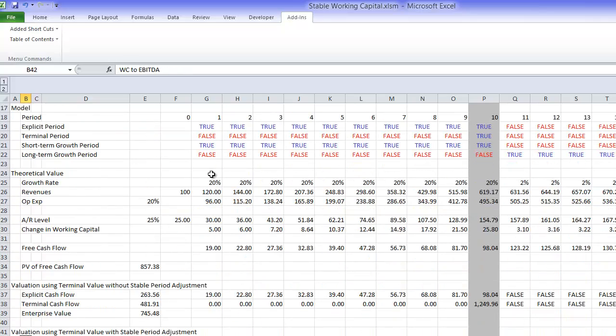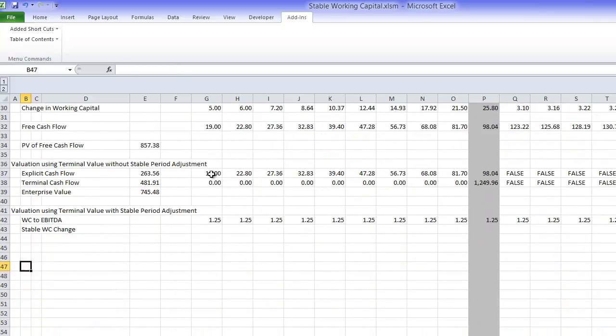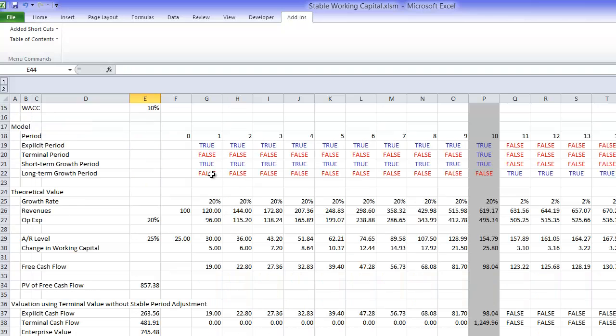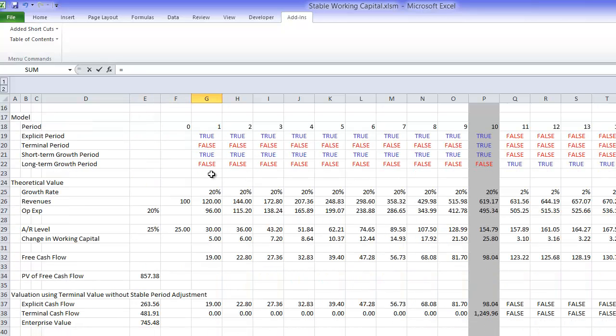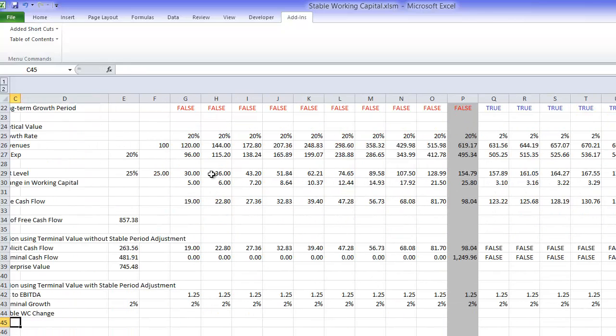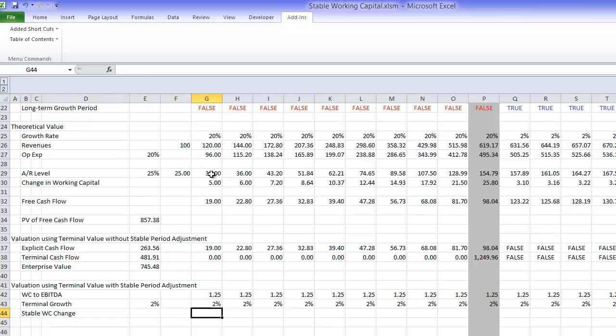So maybe let's put the terminal growth here. Okay, we can just put this up here and put these in. Okay, so working capital change. Let's try that.